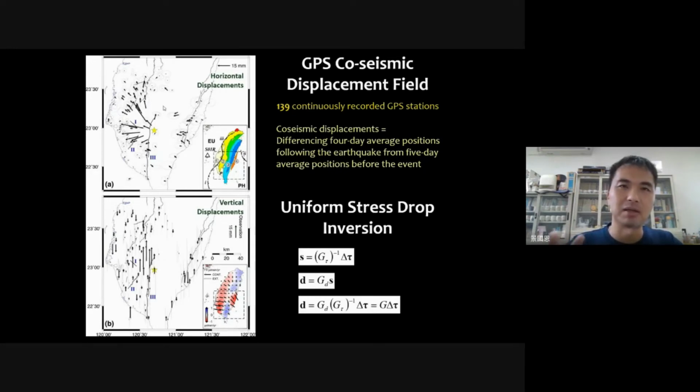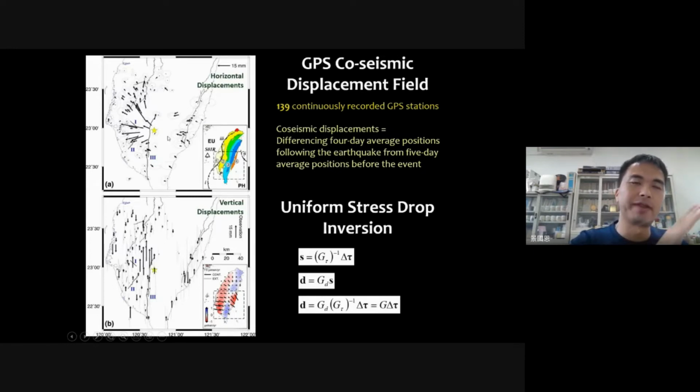So we need to understand how much energy was released or how much energy accumulated on the fault. To estimate how much energy was released, we need to evaluate the slip distribution on the faults during the earthquake.